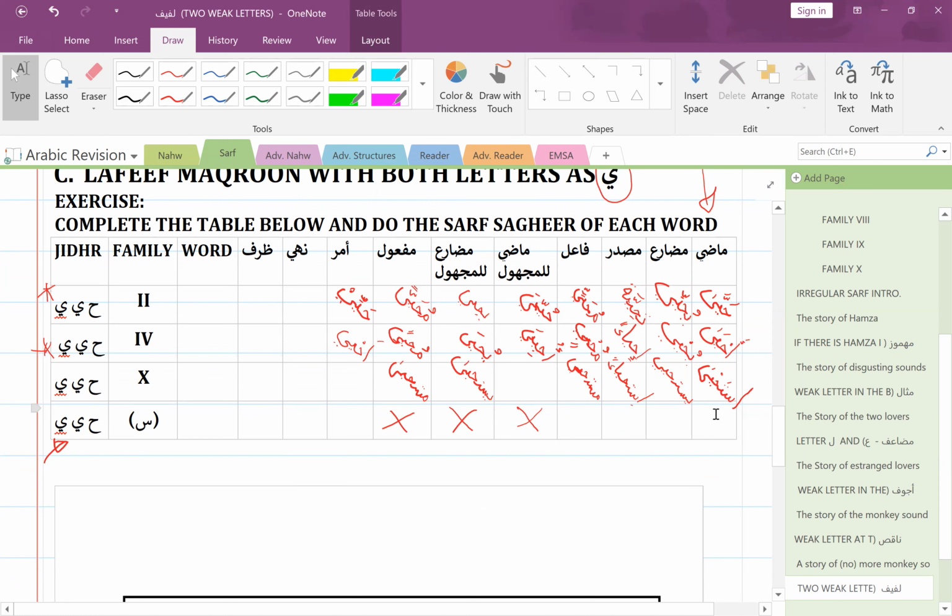So this is the Sami'a family. Sami'a yasma'u. Hayya yahayyu, because sami'a yasma'u has a fatha.